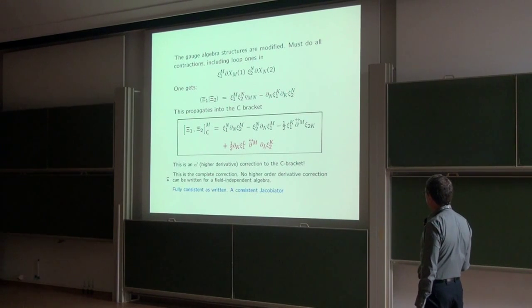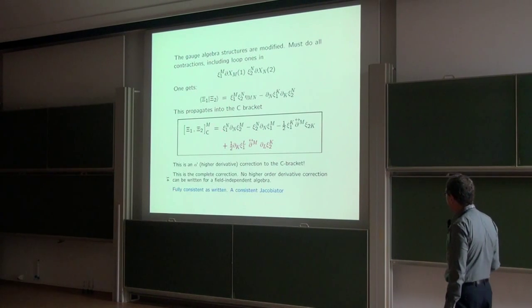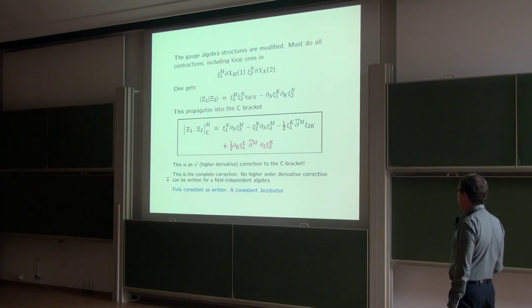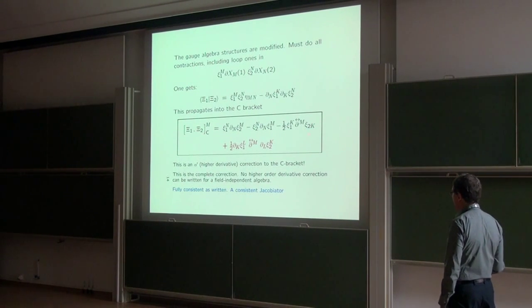Mu is a higher derivative correction. It also produces a higher derivative correction of the Courant bracket, or the C bracket, better said. And here it is. This was the C bracket, the thing that gives you the Courant bracket when you truncate the coordinates, and here is its higher derivative correction.